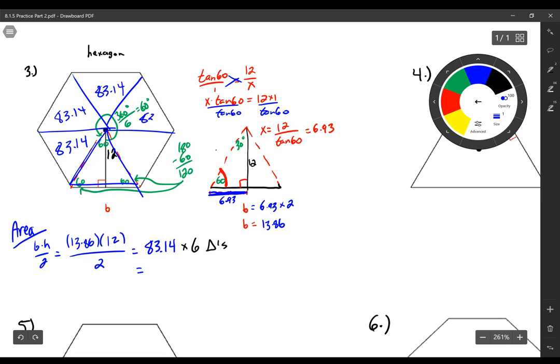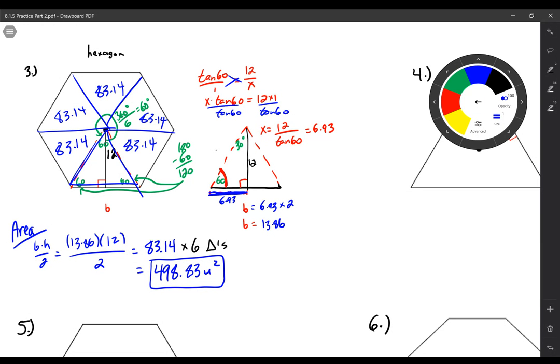Instead of adding them all up, I can just multiply the original one times 6, and I get my answer, which is 498.83. 498.83 units squared is the area of this hexagon. There are 6 triangles with an area of 83.14.